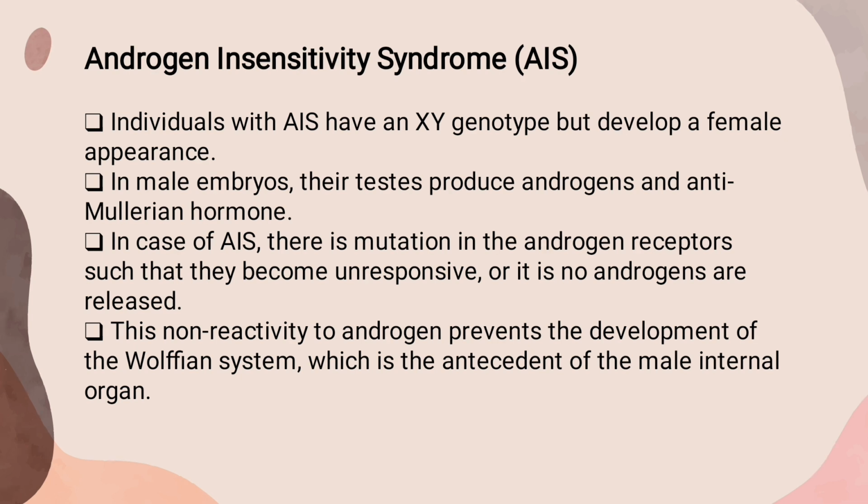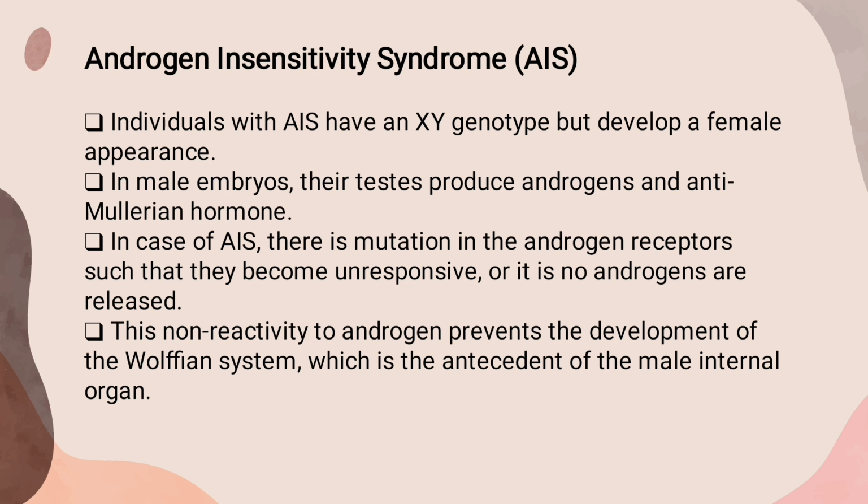In the case of AIS, there is a mutation in the androgen receptors such that they become unresponsive, or no androgens are released. It means any change in the DNA sequence of a cell that prevents the body from responding appropriately to this hormone.